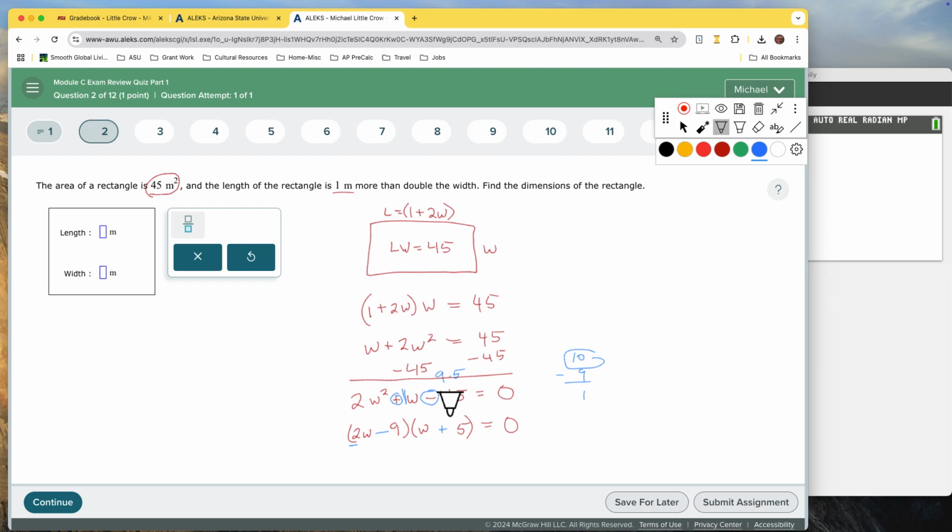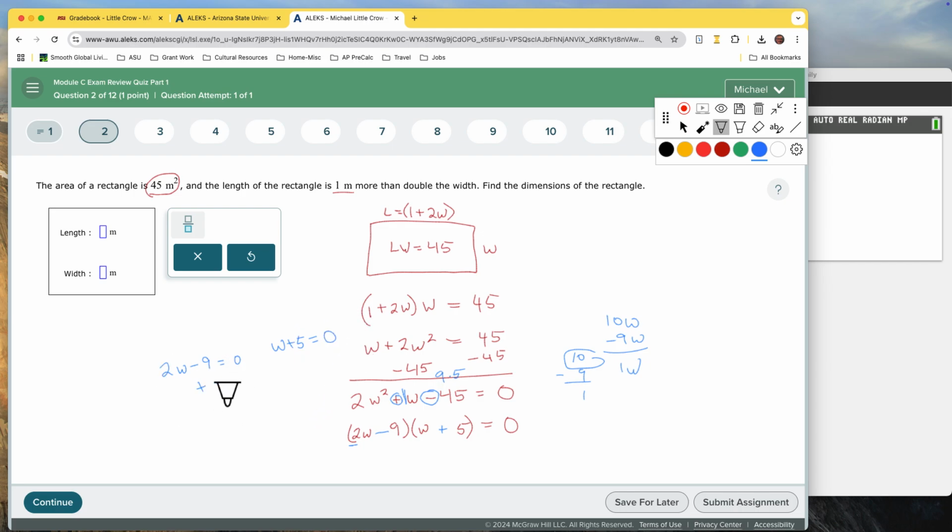That gives us negative 45, negative 9 times positive 5, and we'll get a middle term of plus 1, right? Because 2w times 5 is 10w minus 9w gives us 1w. Okay, so that all works out. And so now we have 2w minus 9 equals 0, or w plus 5 equals 0.